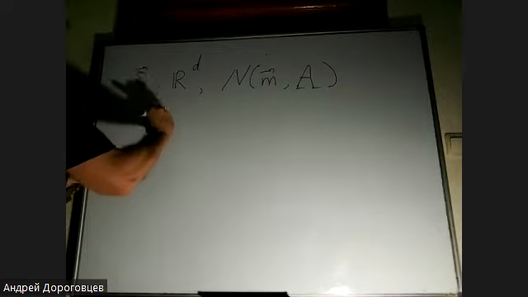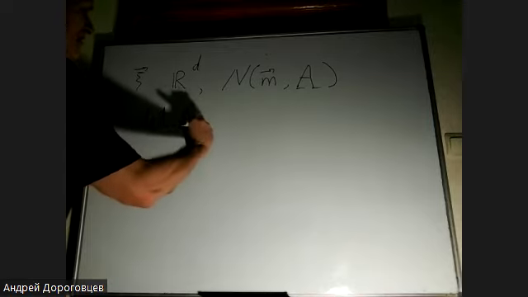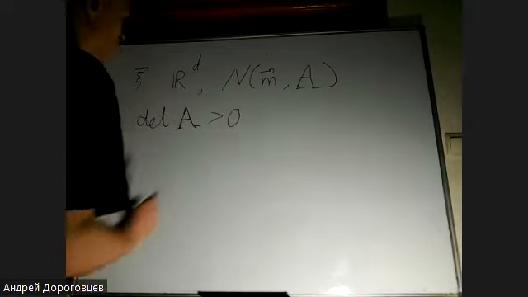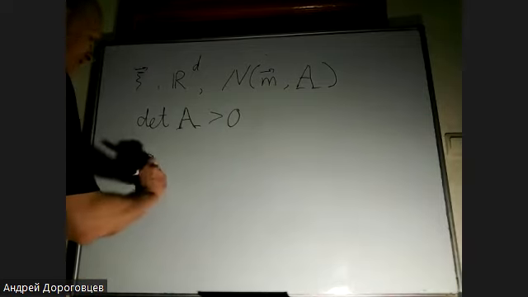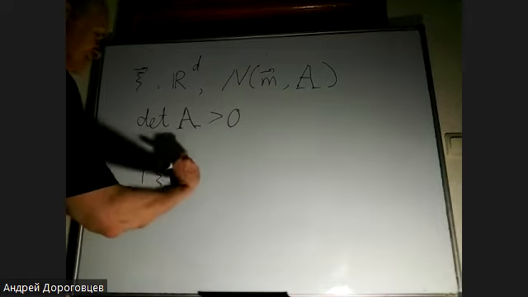if the determinant of A is greater than 0, then psi has a density, and this density has the following form.